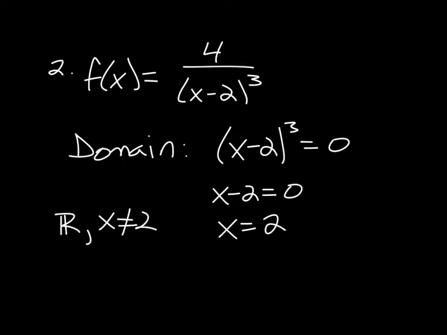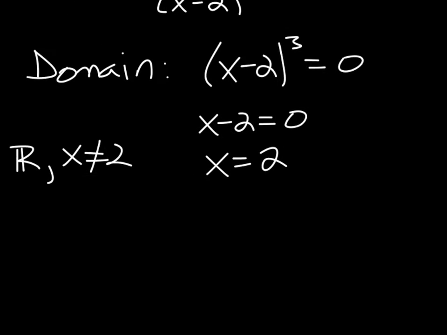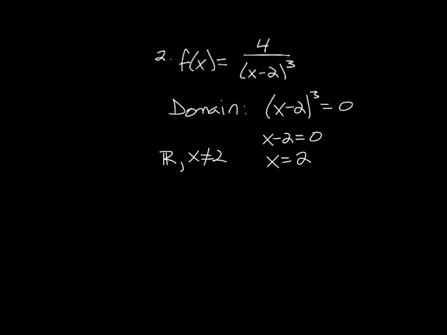That term is going to come up in the IXL. This is an excluded value. So our vertical asymptotes are going to be the same as the excluded value. So the vertical asymptote would be the vertical line x equals 2.